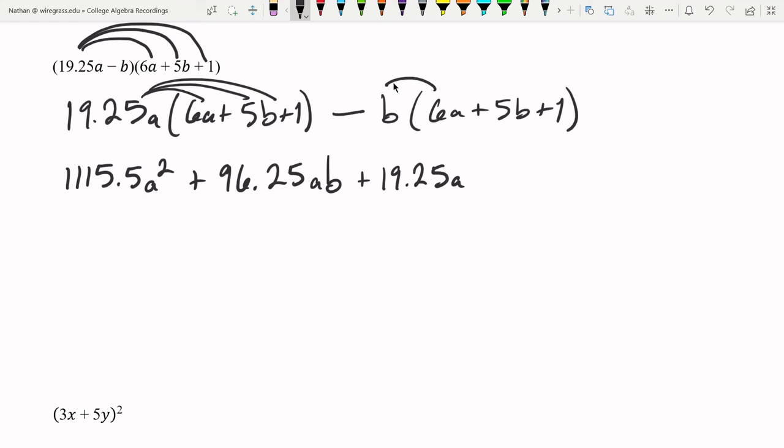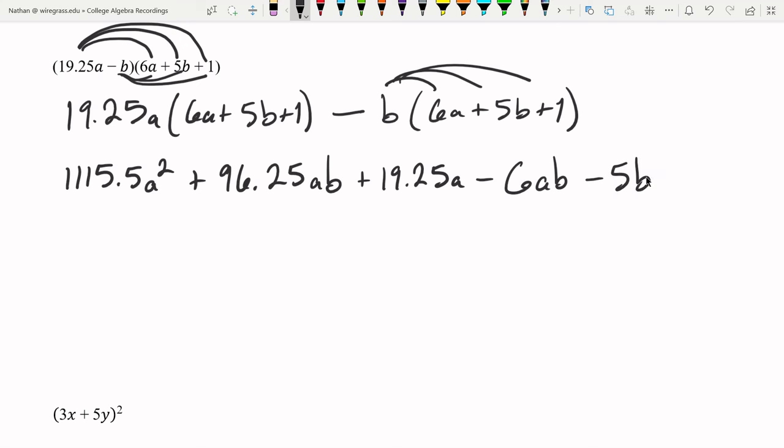Now we can do b distributed into there. Also up here, that's the same thing as just taking b and distributing into each. Same idea. Negative b times 6a is negative 6ab. Negative b times positive 5b is negative 5b squared. And then negative b times 1 is negative b.